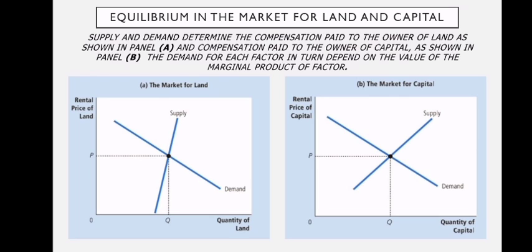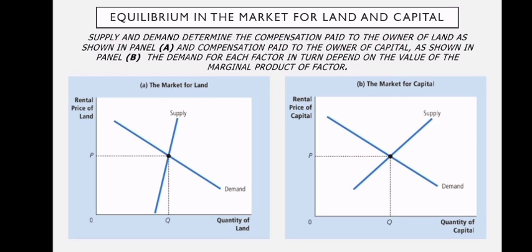As long as the firms using the factors of production are competitive and profit maximizing, each factor's rental price must equal the value of marginal product for that factor. Labor, land, and capital each earn the value of their marginal contribution to the production process.